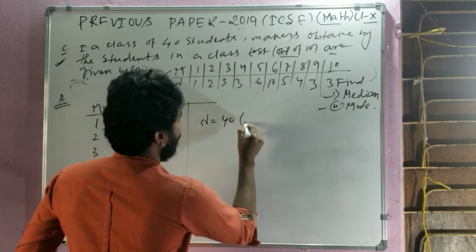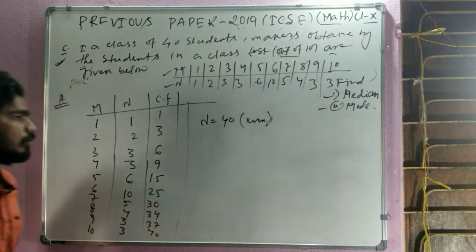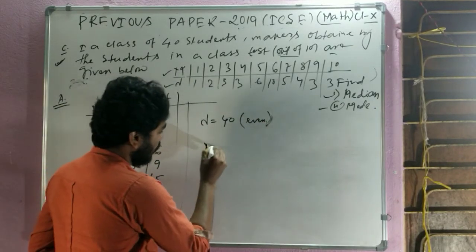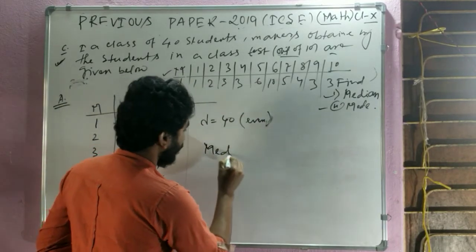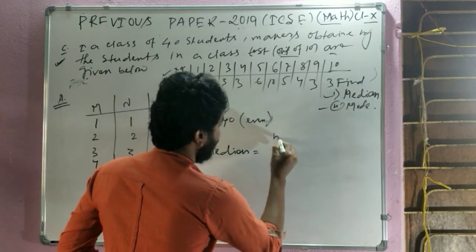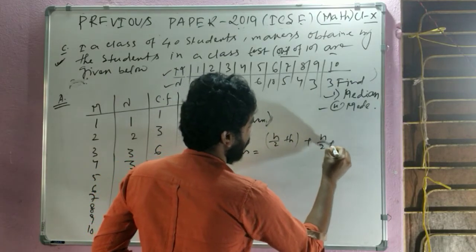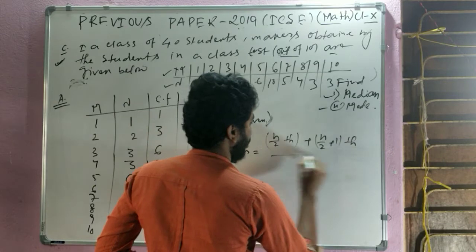This is an even number. So for median, the formula is the n by 2th observation plus the n by 2 plus 1th observation, divided by 2.